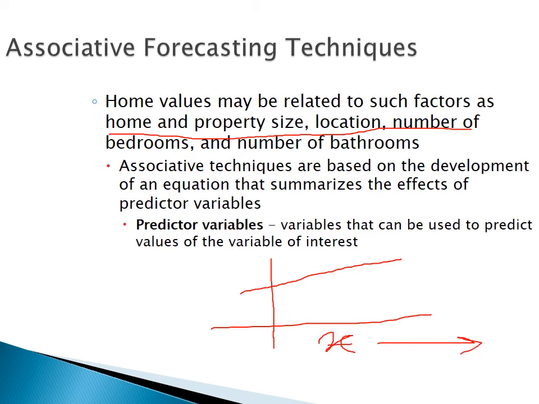Say the price, the population, the size of the home and so on. So we try to take those associative factors, which we also call mathematically independent factors, so that we can make a better forecast. Those are associative techniques which are required for forecasting.